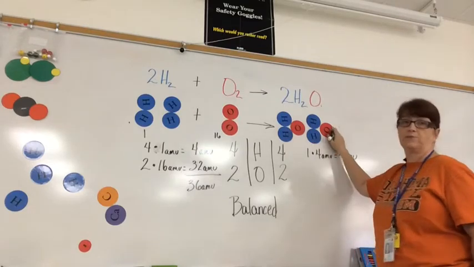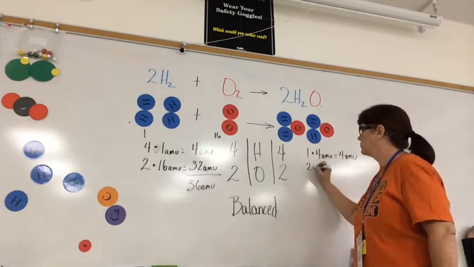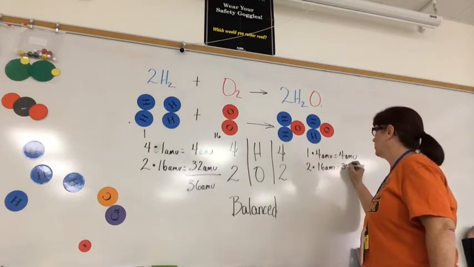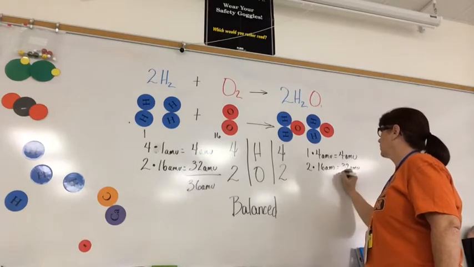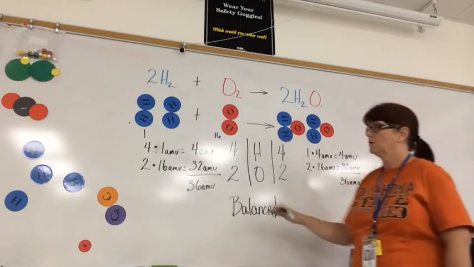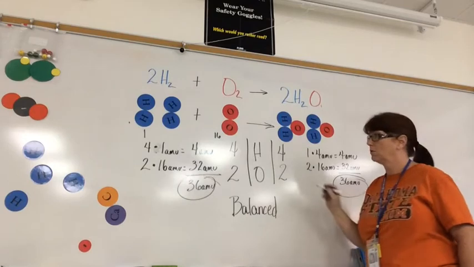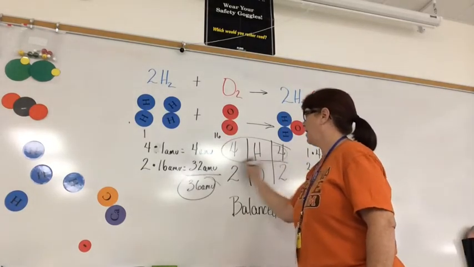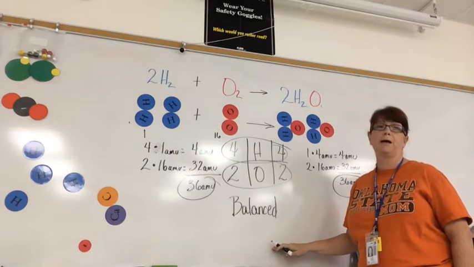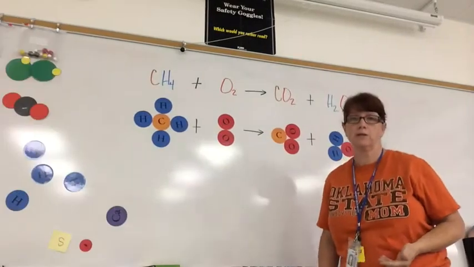Then again, I still have 2 oxygens, so 2 times 16 AMU equals 32 AMU, for a total of 36 atomic mass units. So this number and this number have to be the same in order for an equation to be balanced.